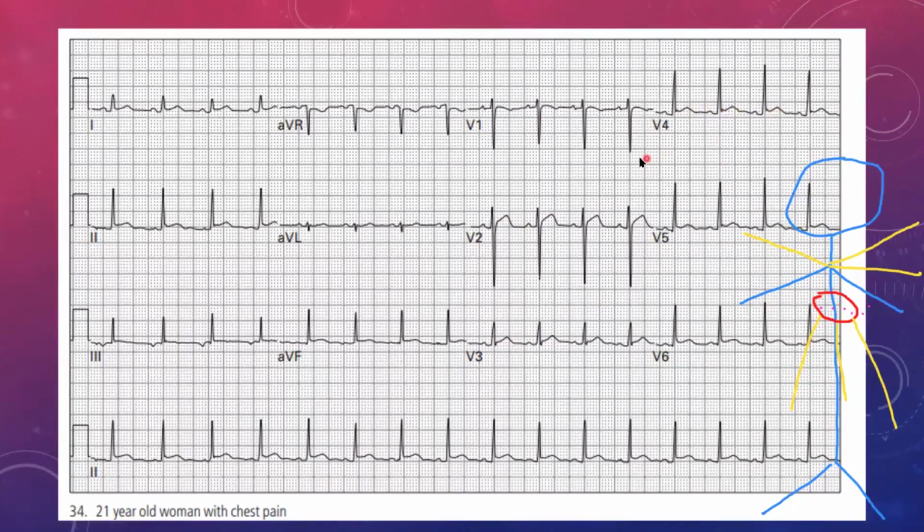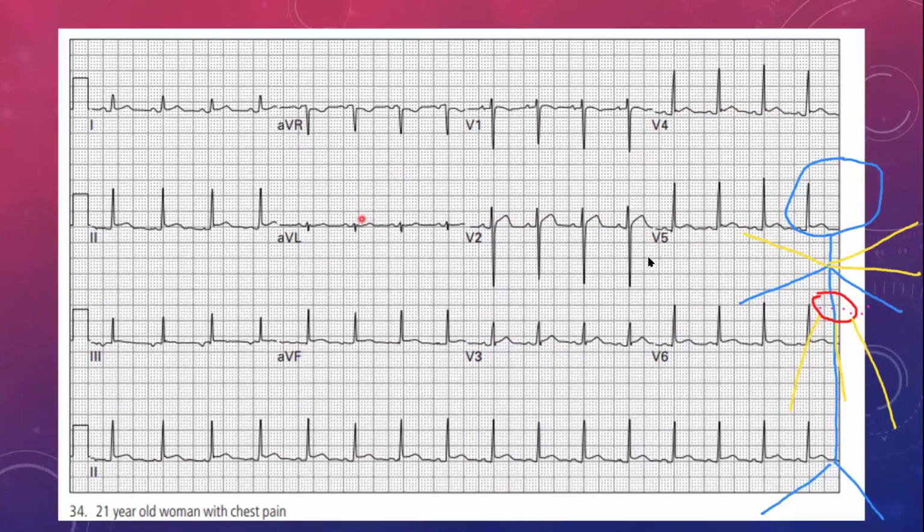So we're seeing ST elevations that are quite widespread. And when we come to leads V5 and V6, which are also considered lateral leads, with 1 and AVL being your high lateral leads, we also see ST elevations in V5 and V6. So what we've got now is this huge amount of ST elevations in a 21-year-old patient.